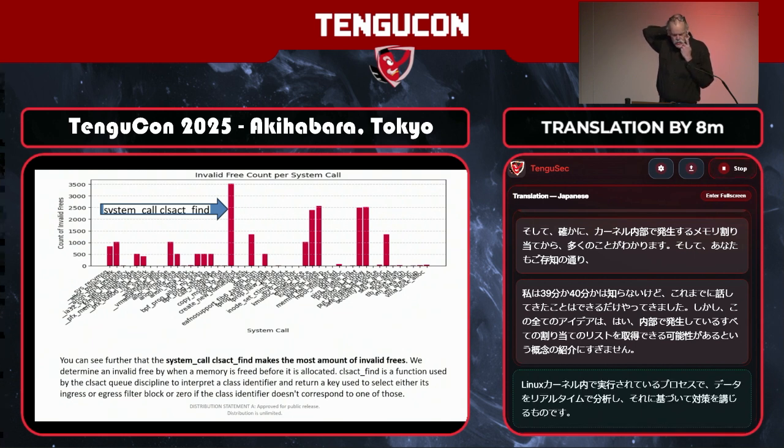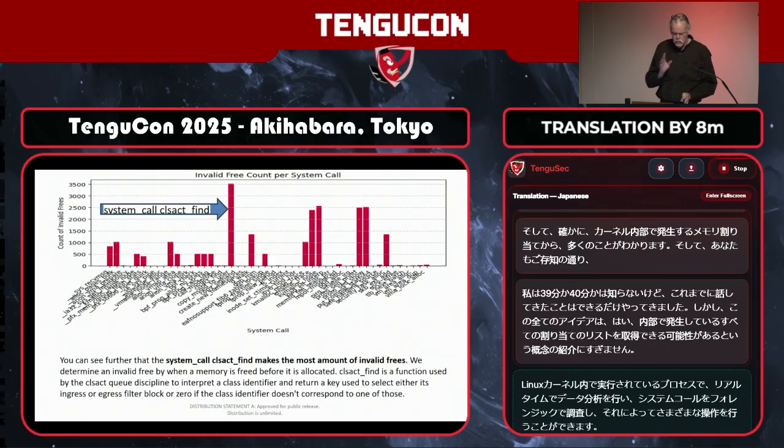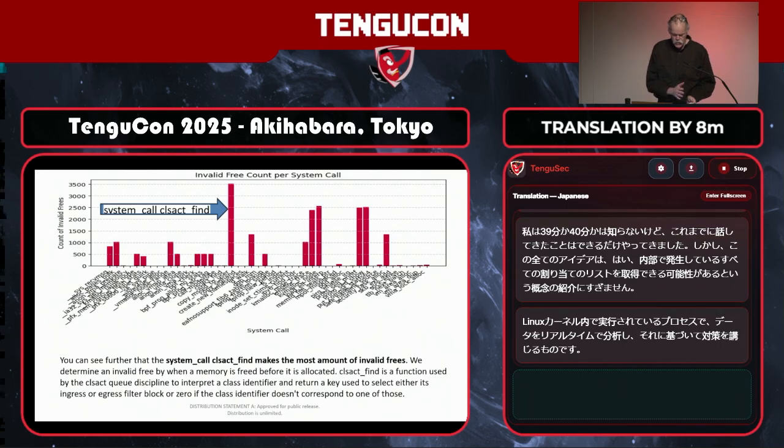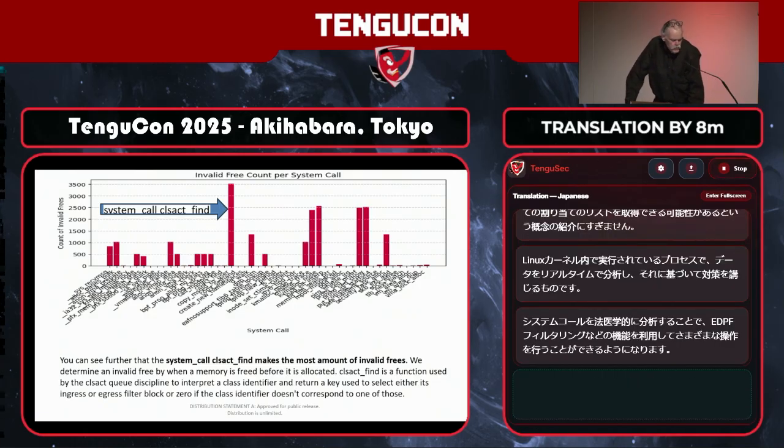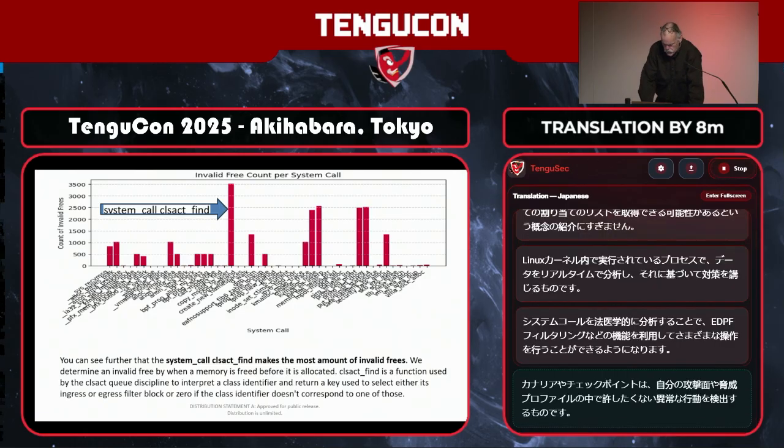That would then allow you to do things like eBPF filtering to provide either canaries or checkpoints for aberrant behavior that you wouldn't want to tolerate inside your own attack surface or threat profile, however you want to determine that.